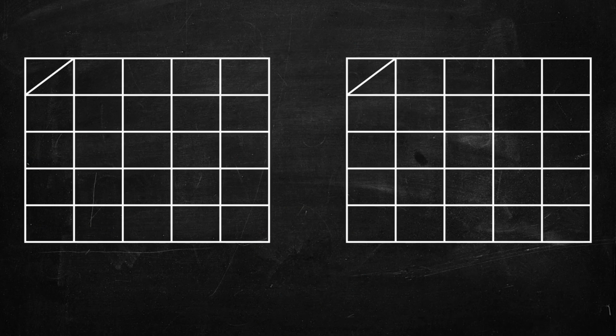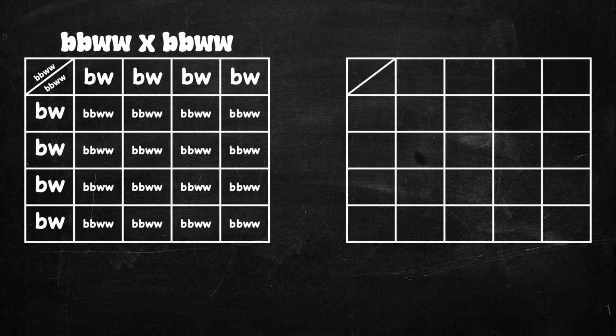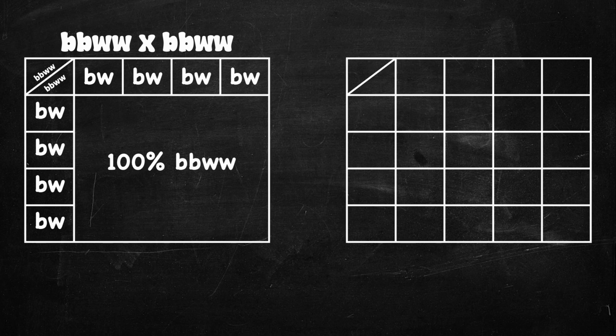We're going to make two Punnett squares for both the crosses. Small b, small b, small w, small w crossed with small b, small b, small w, small w is going to produce all 20 small b, small b, small w, small w offspring.